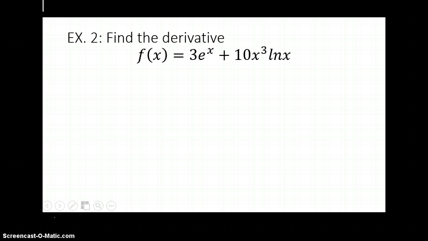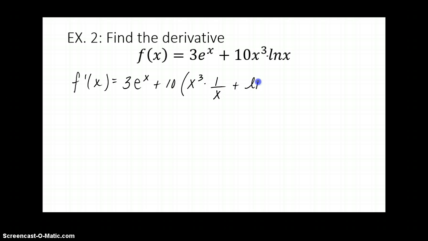Alright, so the derivative of this function, f prime of x, 3 is a coefficient, derivative of e to the x is itself, 10 is a coefficient. Now for x cubed times ln of x, we would need the product rule. First times the derivative of the second, plus second function times the derivative of the first. Okay, so 3e to the x.